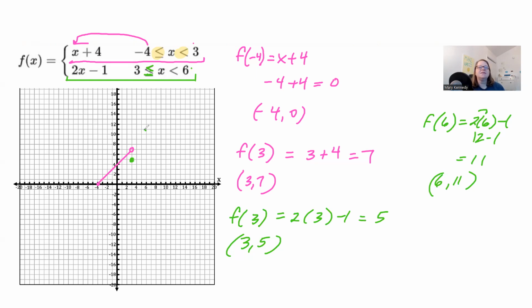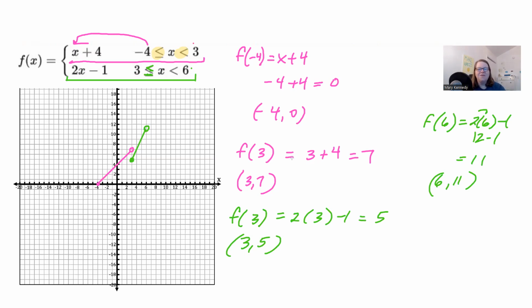It doesn't include 6. So at 6, it's an open circle. And then we're going to have a line connecting those 2 points. So that's the graph of this piecewise function. It's sometimes called a step function. And depending on the function, sometimes it actually looks more like stair steps than this one does.